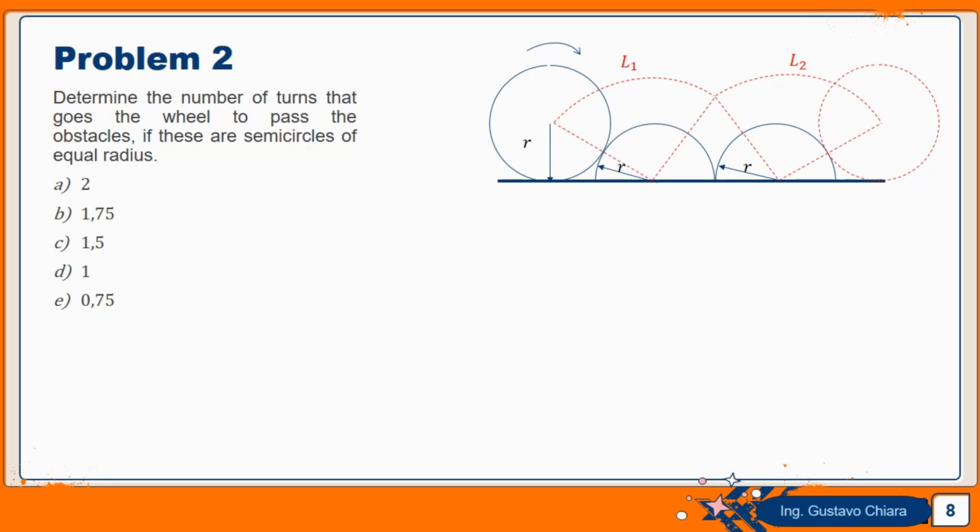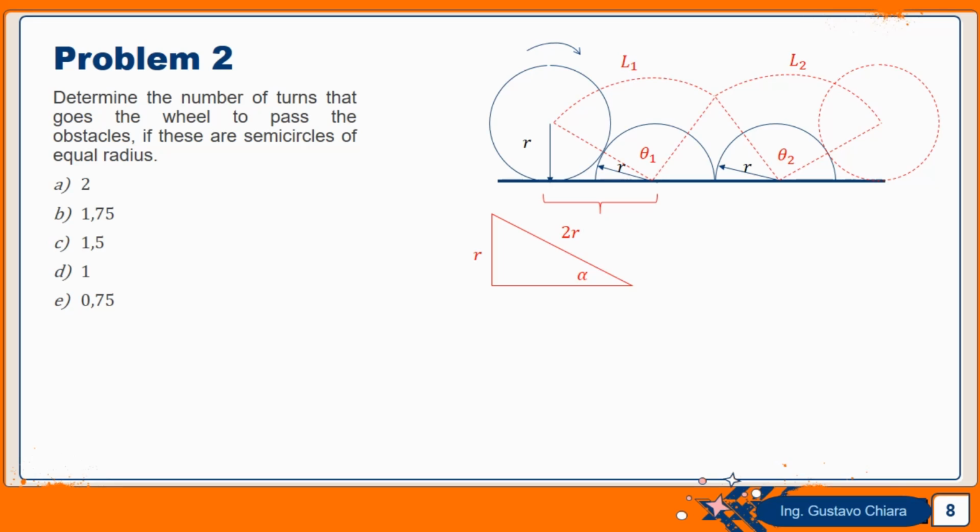So you need to get which is the swept angle that the wheel goes. In this triangle, one side is r, the other side is 2r.